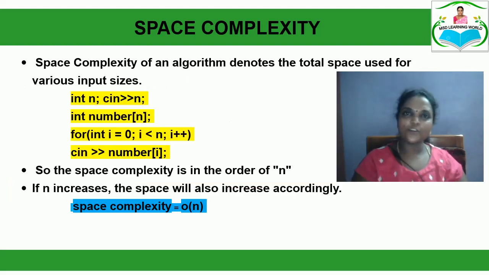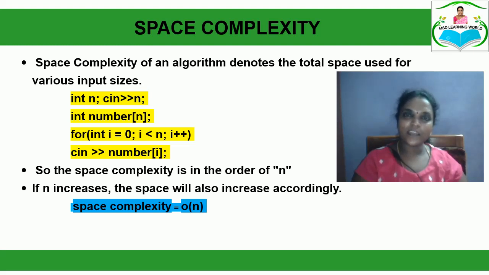The space complexity of an algorithm denotes the total space that is utilized by the various inputs used in the algorithm. The space is determined by the data type of the input variables. Now, in this example, you have the variables int n and int number[n].